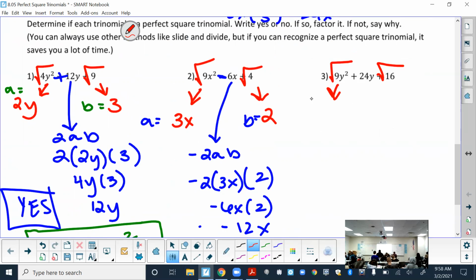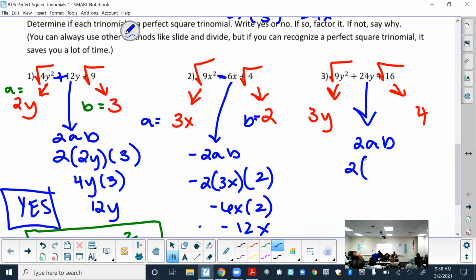Square root of 9y squared is, and the square root of 16 is, good. Now check the middle term. It's positive, so it should be a positive 2 times a times b. Plug in your a value, plug in your b value. When I multiply this out, do I get the middle term?